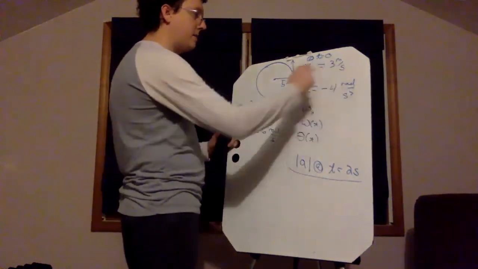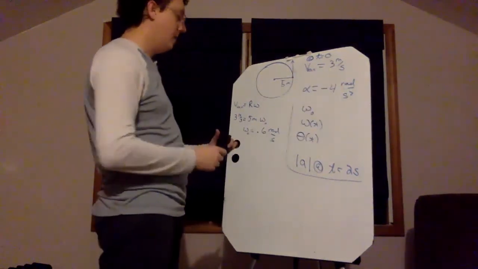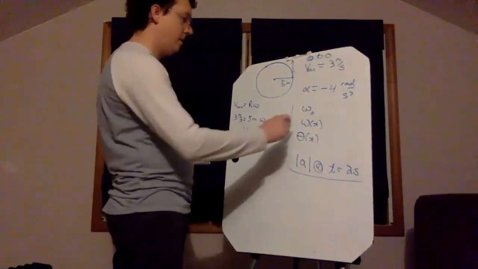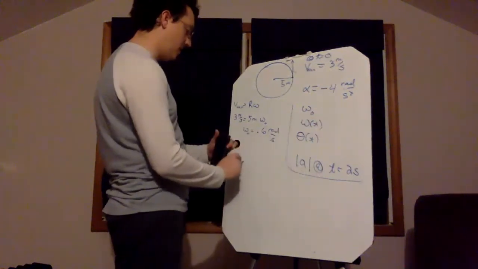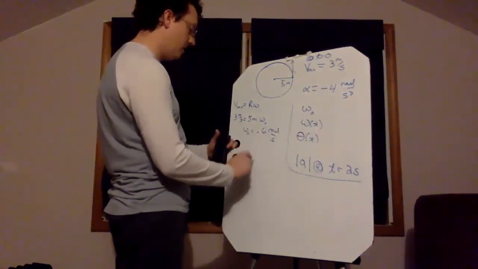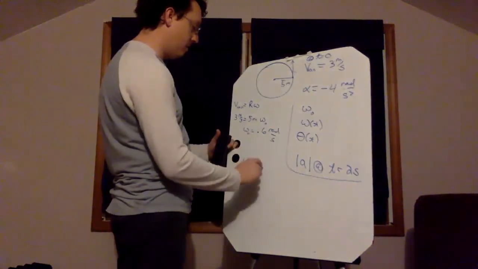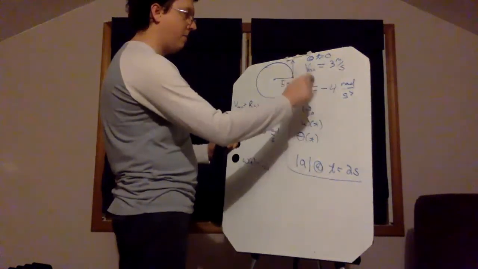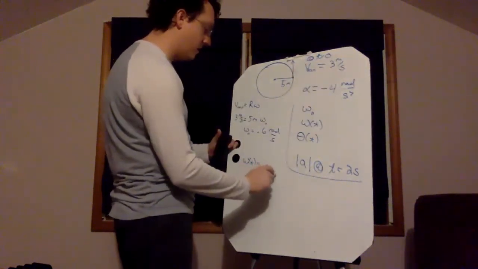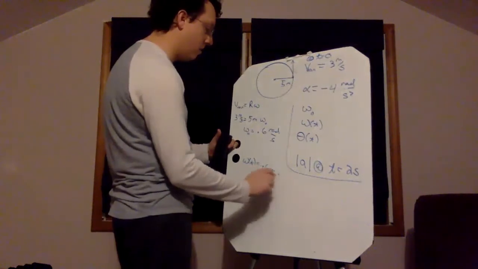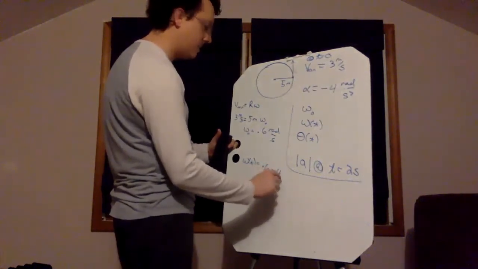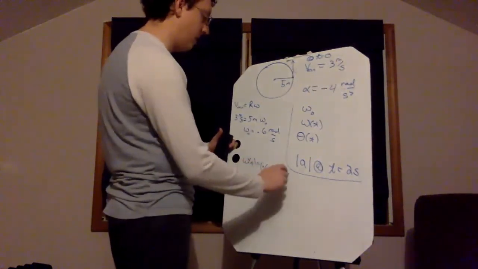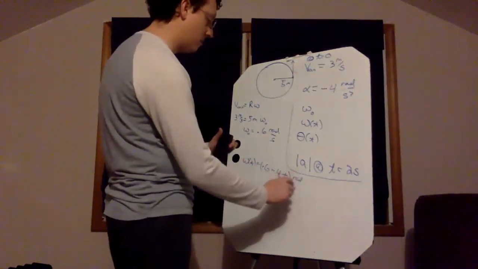Now, that gives me omega initial. This is a constant acceleration, so then I can immediately use rotational kinematic equation 1 to find omega of t. So omega of t is going to be my initial omega, 0.6, plus alpha times t, so that's going to be minus 4 times time. And it'll come out as radians per second when it's all done.